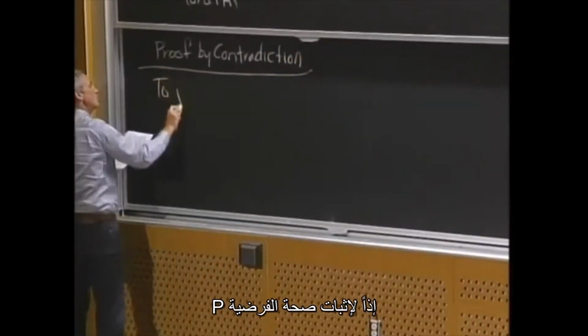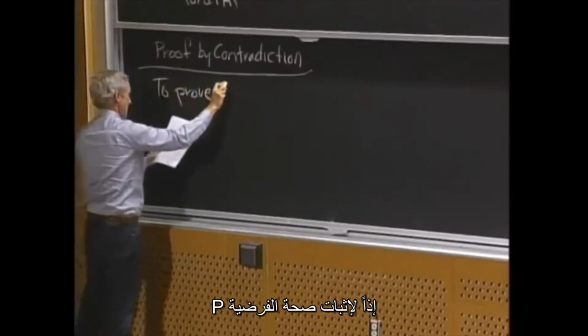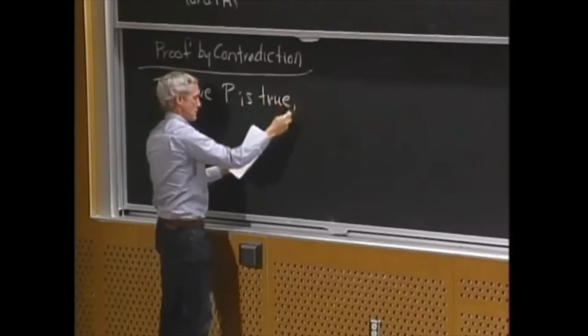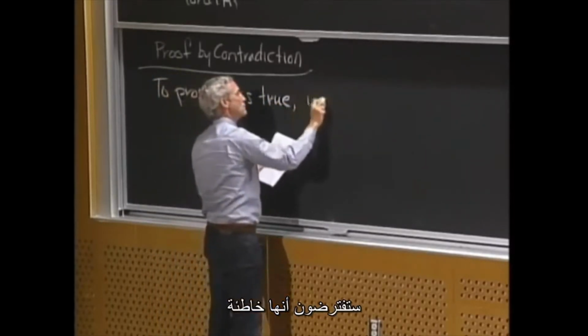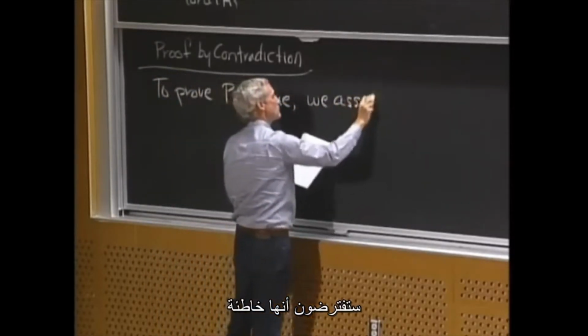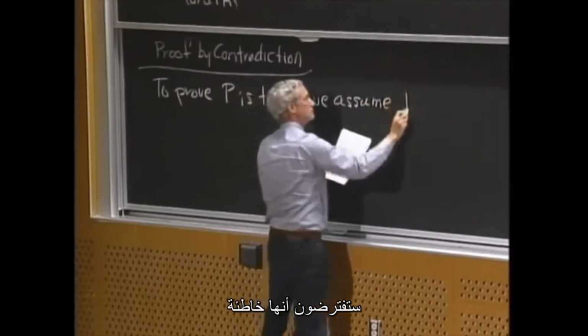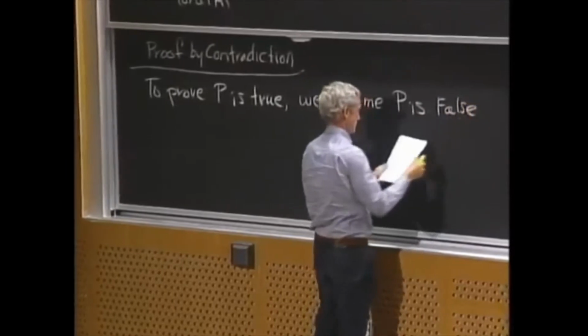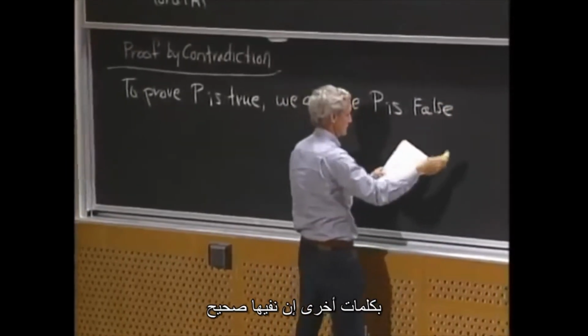So to prove a proposition P is true, you will assume that it's false. In other words, that not P is true.